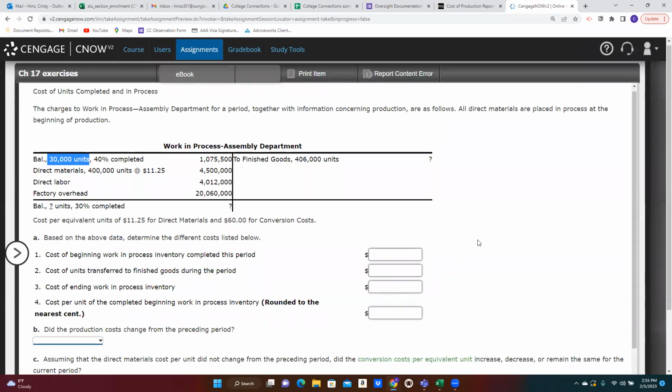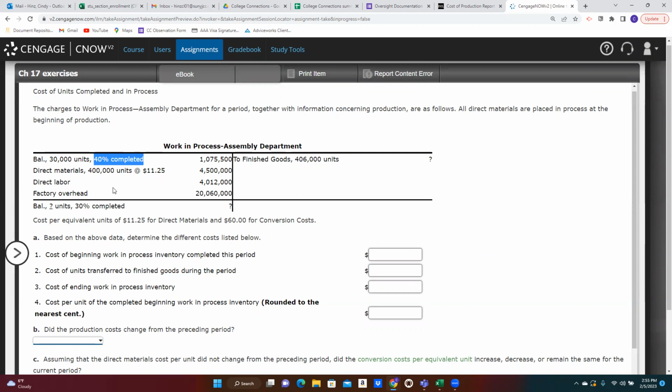Those conversion costs, remember, include both the direct labor and the factory overhead that has been applied. So if those units are 40% completed at the beginning of the month, that means we have 60% of the work left to do in the current period.